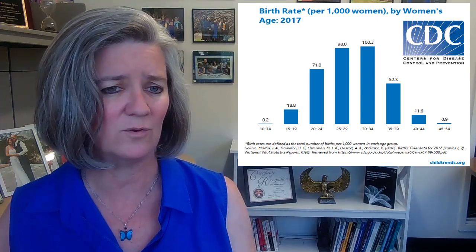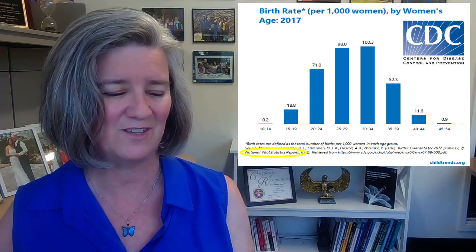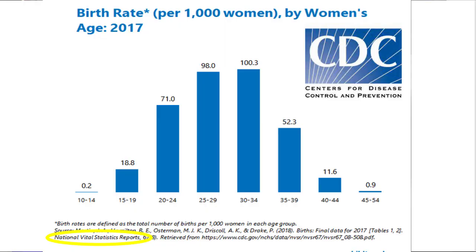Centers for Disease Control tracks vital statistics. You can see there in the bottom left of the graphic the source is named. It's the National Vital Statistics Report. So this is looking at birth rates by the mother's age, and you can see that most babies are born when their moms are in their late 20s or early 30s. That's when babies are being born.